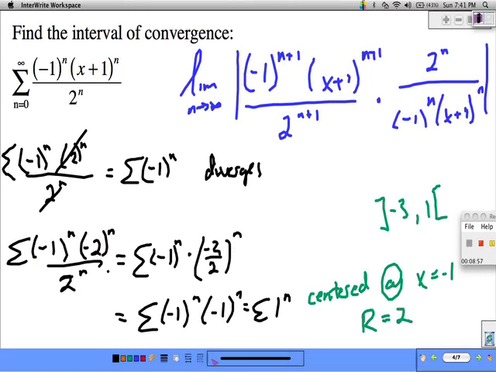Well, that diverges. So our interval of convergence is the open interval from negative 3 to 1.